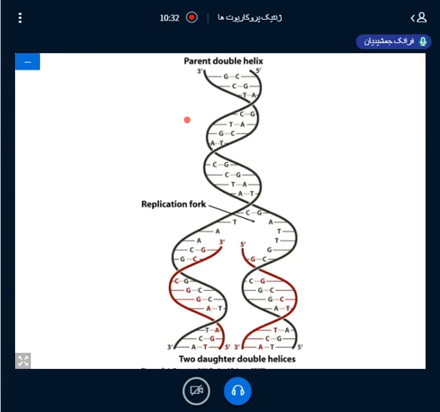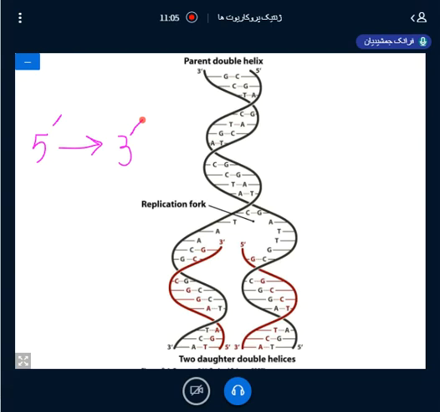And listen to me. In DNA replication, can you tell me please the direction of replication? Can anybody tell me the direction? What is the direction of replication? It is from 5' to 3'. Every time.